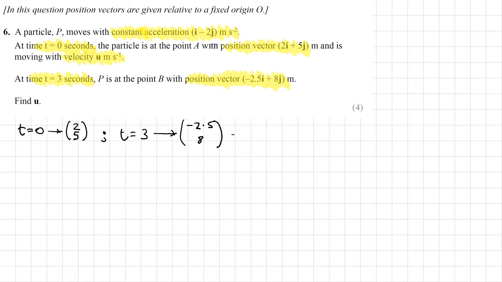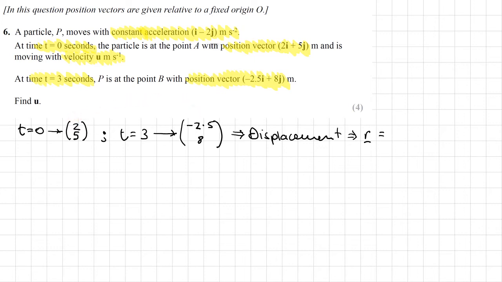And to do this question, we need to work out the displacement that's taken place in those 3 seconds. Now, since we're dealing with vectors, we'll use r, and to work out the displacement, one way to do it is to work out the jump from the first position to the second, or to do the second minus the first. So if I do the jump, I'm going from 2 to negative 2.5.